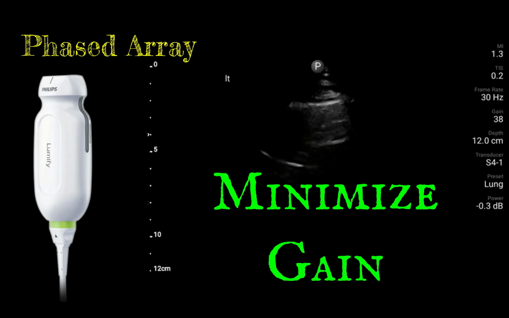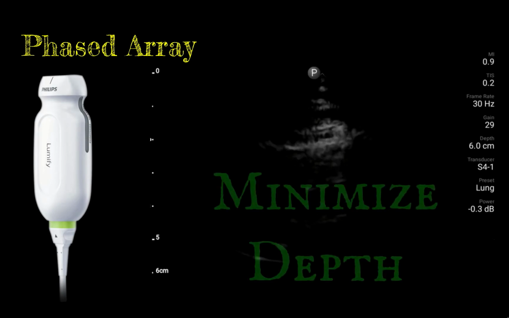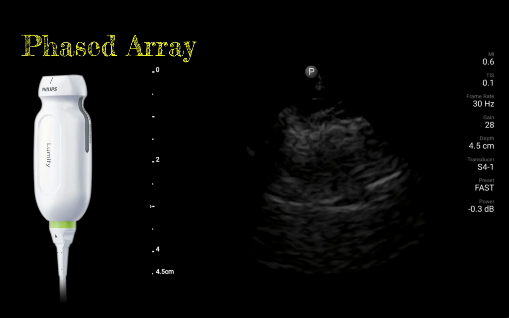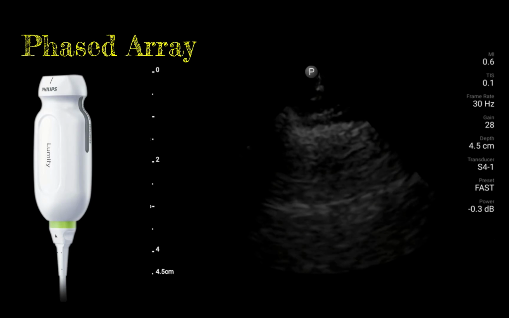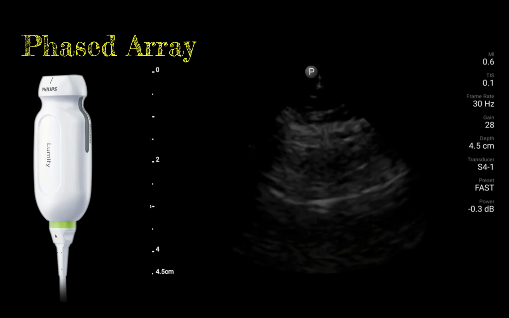Now, if you're still unsure, the next thing to try is to decrease the depth so that you're focusing in on the pleural line rather than wasting all that deep underexposed space. So here's that same patient focused in a little bit more with lower depth. So that's step 2. Minimize the depth so that you're focusing in on the pleural line. Now, occasionally, especially in very thin patients, the probe will have a hard time focusing on that very superficial pleural line.